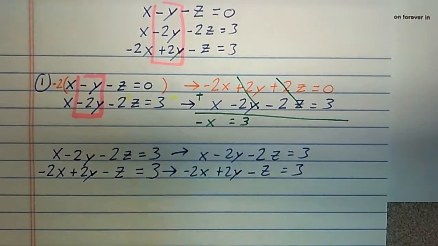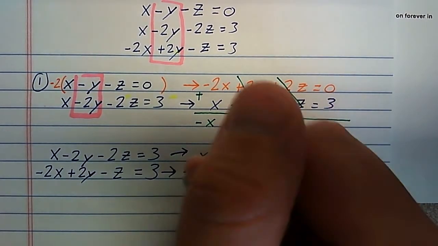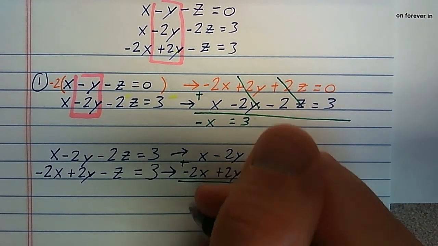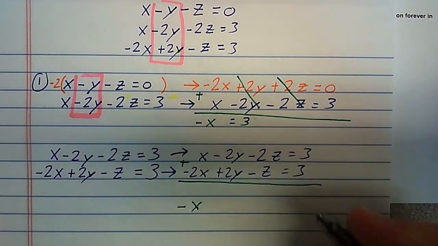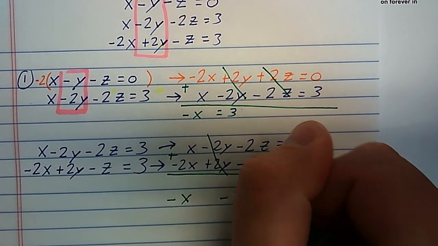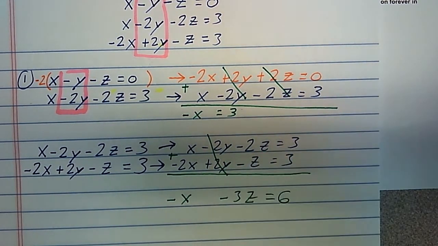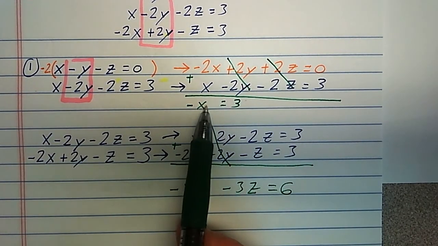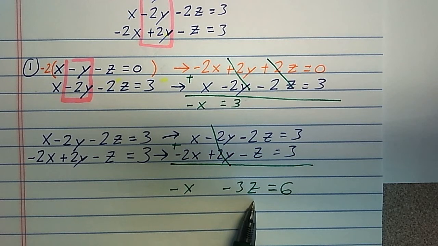Add them together. And they're already opposites, is why I'm adding them together. That's negative x. Those eliminate. That's negative 3z. And that's 6.